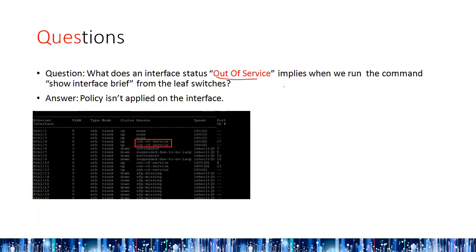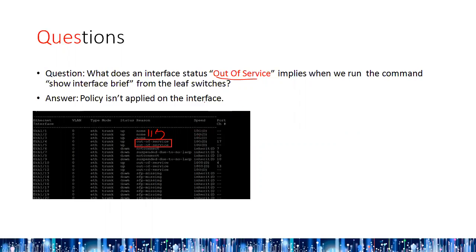What does it imply? It just implies that the interface is not configured with any policy. So the name is a little different. And once the policy is pushed to those interfaces, the status changes from out of service to none. It's been a popular question around.